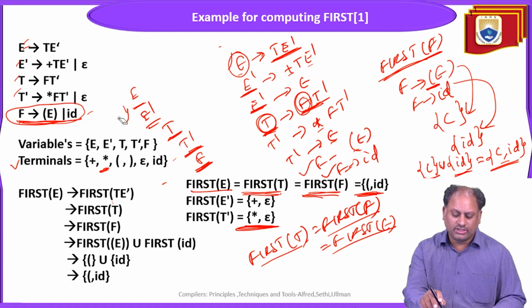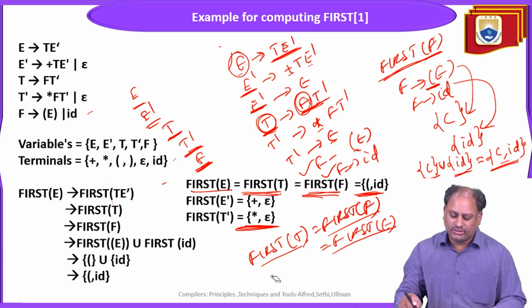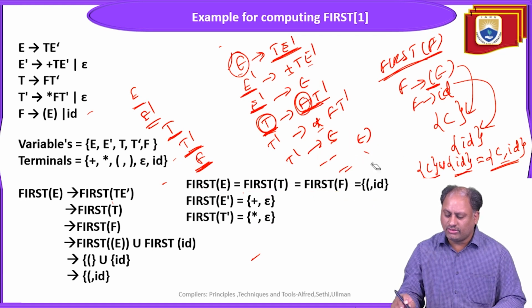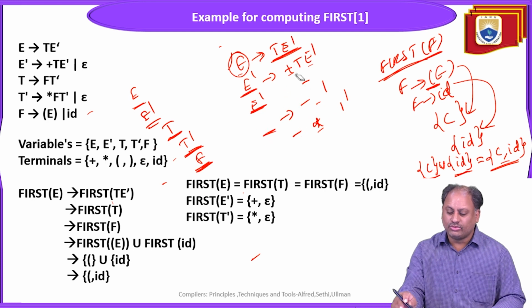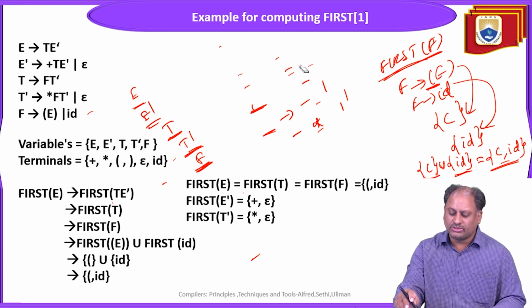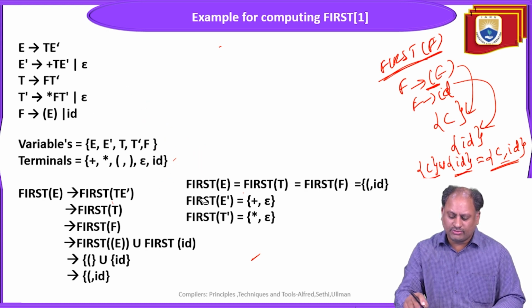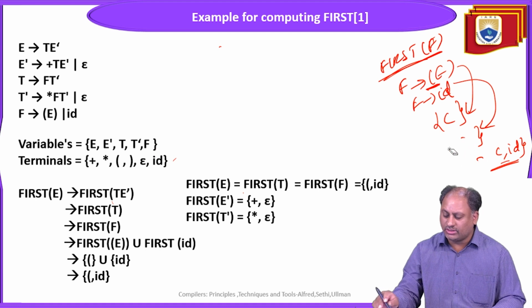So we have determined all the computations easily by knowing the variables and terminal values. We have done nothing extra, only the rules we applied. Three rules are there, and we simply applied the three rules. We find out whether a symbol is a terminal or non-terminal, and based on that we evaluate the right hand side of the production.